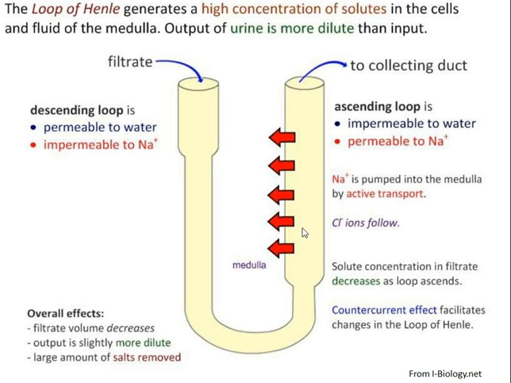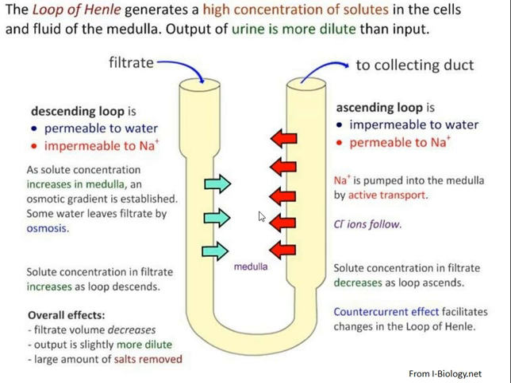Chloride ions are then able to diffuse out freely, following that gradient, going from a negative to a positive area. So the solute concentration in the filtrate decreases as the loop ascends. As those sodium ions are pumped out, the solute concentration going up here decreases. This is what we call a countercurrent effect, and I'm going to come back to this in a second.